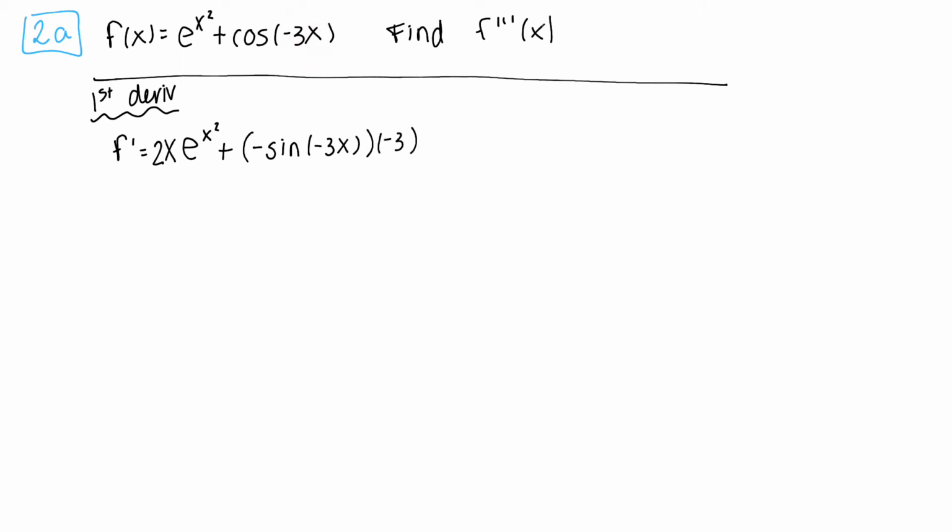When you're taking higher order derivatives, it is always a good idea to simplify before moving to the next step. So this part's fine, 2x e to the x squared, I can leave it alone. But here we have a negative times a negative, so those would just become positive, and I can move the 3 out front. So this would be plus 3 sine negative 3x. And keeping track of your negatives is important.